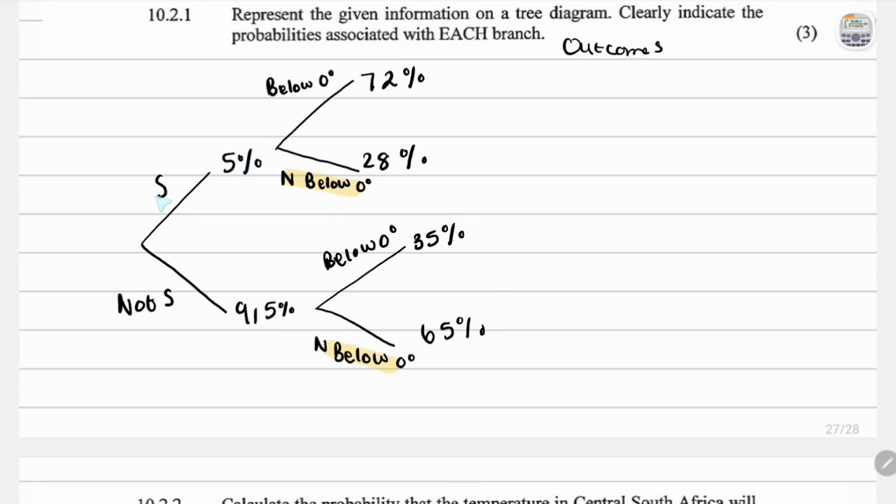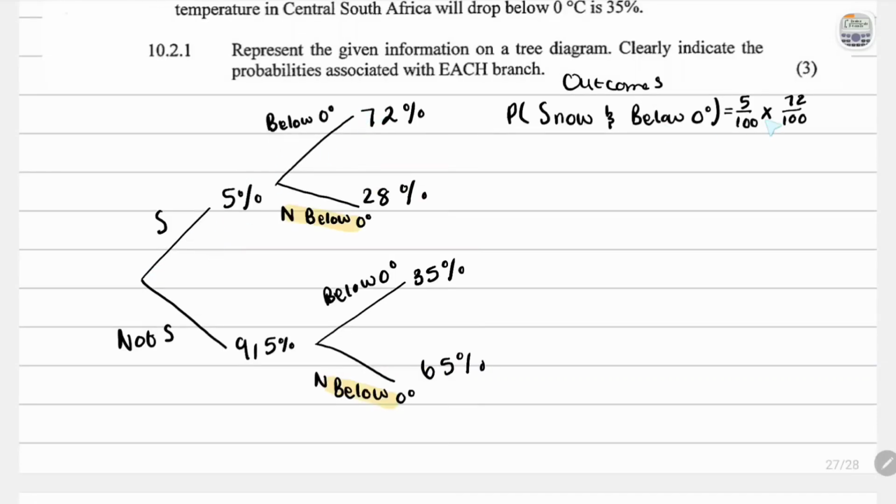And then given that it snows, the probability that the temperature will drop below 0 will be 72%. So the outcome we'll have here is it snows and the temperature drops below 0. And we could find the probability of this simply by saying 5%, which is 5 over 100, multiplied by 72 over 100. So we just multiplied their outcomes.